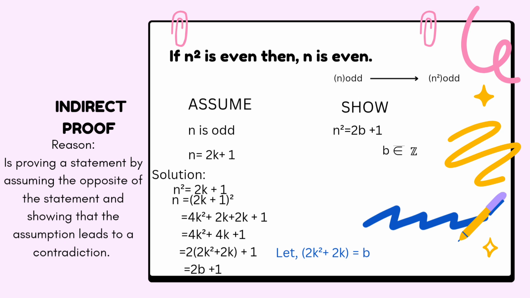So it equals the quantity 2k plus 1, quantity squared. Then the result would be 4k squared plus 4k plus 1. It is because we create a product of the quantity 2k plus 1, quantity squared.